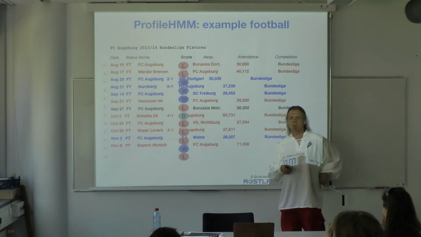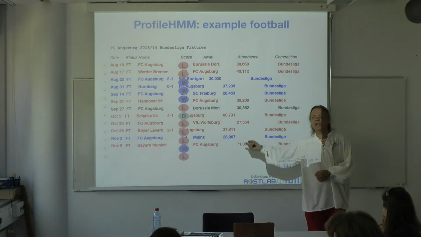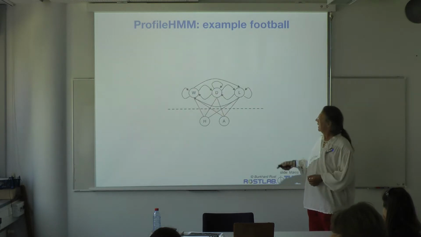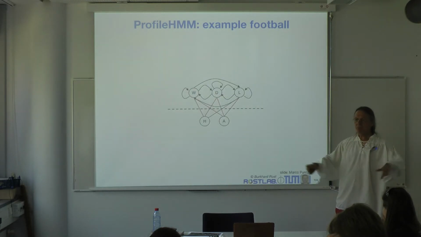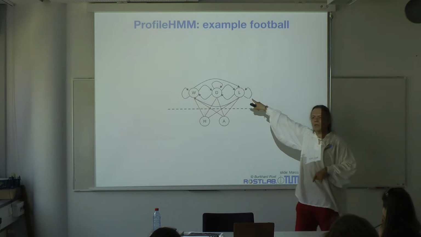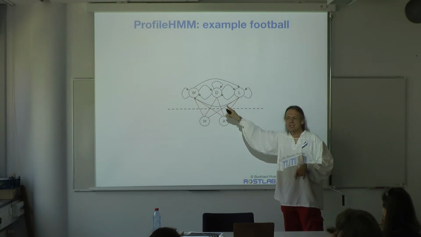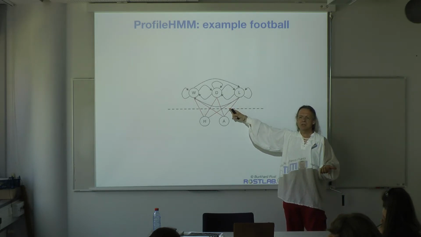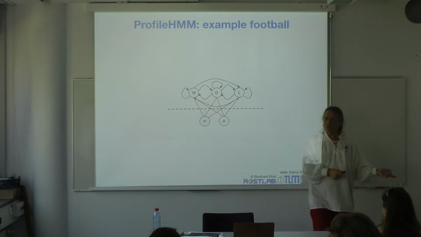For instance, whether Augsburg plays at home or somewhere else. So the H for home, the A for away. Essentially you have an input H or A, and you want to probabilistically predict whether they win or lose. The simpler way to do that is you have all the transitions written here, and you fill it with the data that you have observed.